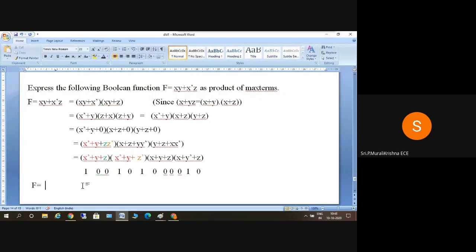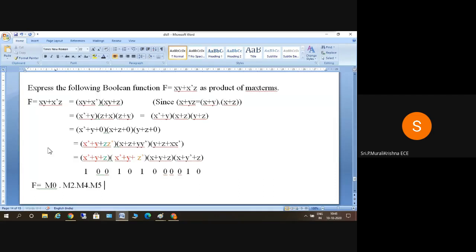So the max terms are M0 into M2 into M4 into M5. So this is the product of max terms.